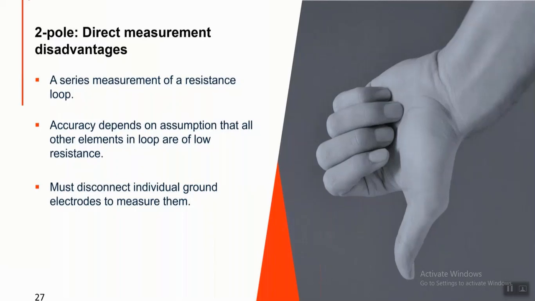And also you still must disconnect individual ground, same like other methods. Usually we use this method as the last option, because if you compare the accuracy percentage with other methods, I think this method is quite bad. But for certain conditions, you can use this as initial identification.